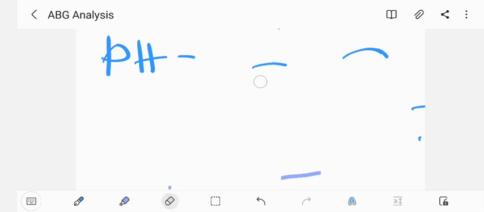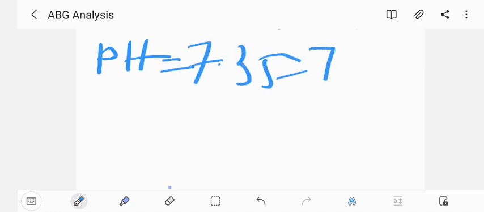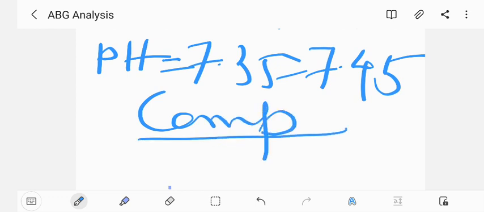Now see, I have said that CO2 and bicarbonate compensate each other. If compensation is so much that the pH becomes normal, that is within 7.35 to 7.45, we will say it is compensated.